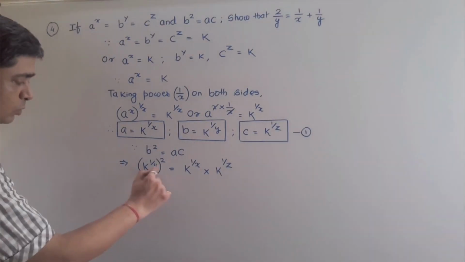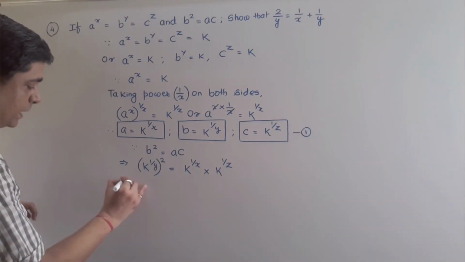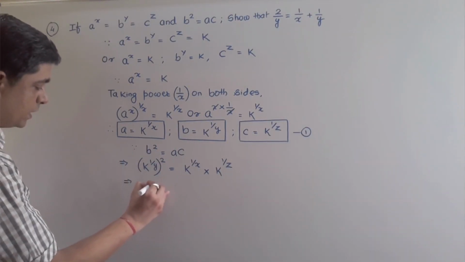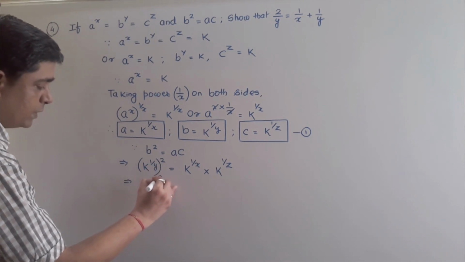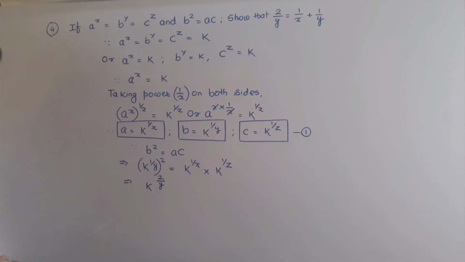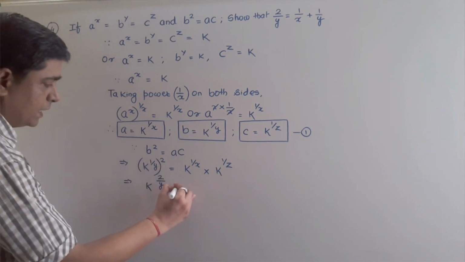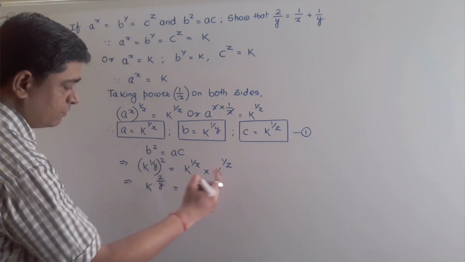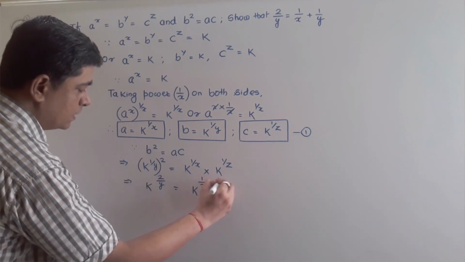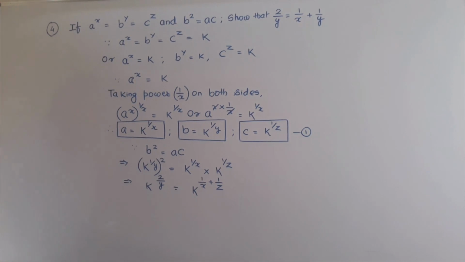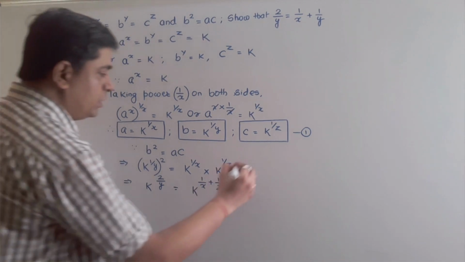So here two powers are there, those powers I will multiply. That will be k whole power 1 upon y into 2, which becomes 2 upon y, because 1 and 2 will multiply. Similarly here 1 upon x and 1 upon z we shall add, it will become 1 upon x plus 1 upon z.